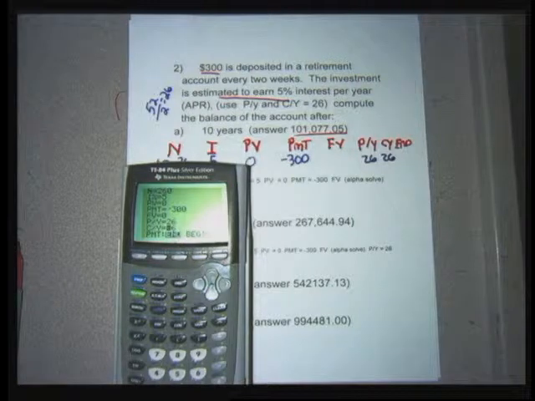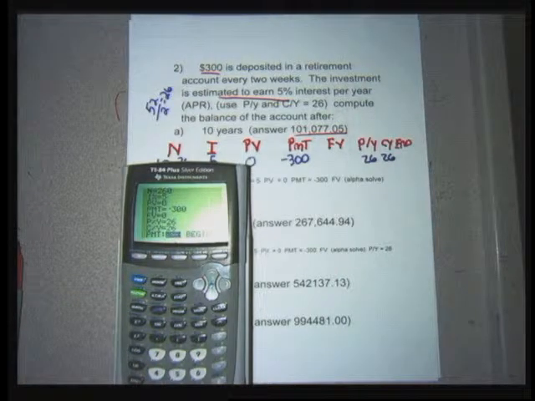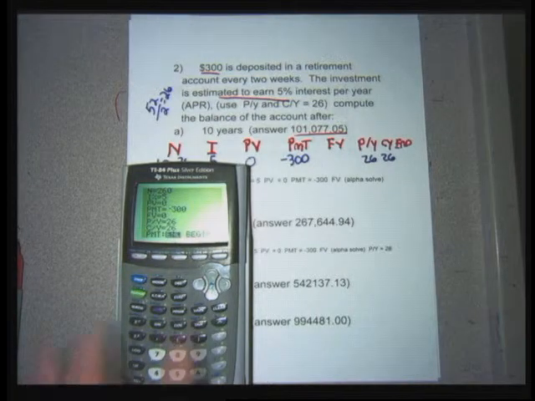But for ease of computation, I'll leave these the same just so we don't have to worry about doing something odd with the CY. And the PMT I'm just going to leave at end always. It's going to give a slightly more conservative answer than if I did beginning. If I did beginning, it would assume I got interest on the first day I made a deposit. So just like in the loan problems, I'm going to leave my calculator on end the whole time through.